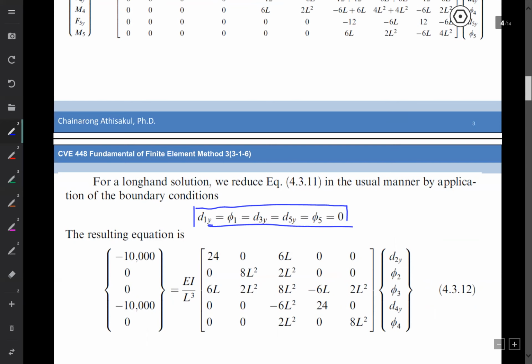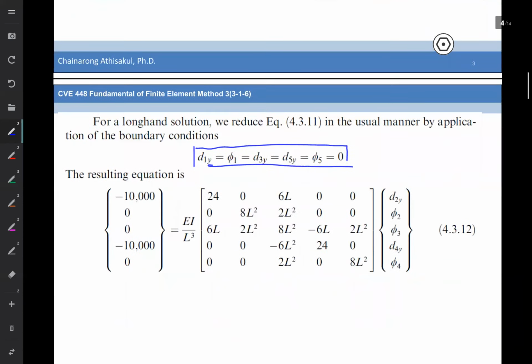After applying the boundary conditions by eliminating the columns and rows represented by these boundaries, the system of equations is reduced from 10 by 10 to 5 by 5 like this.